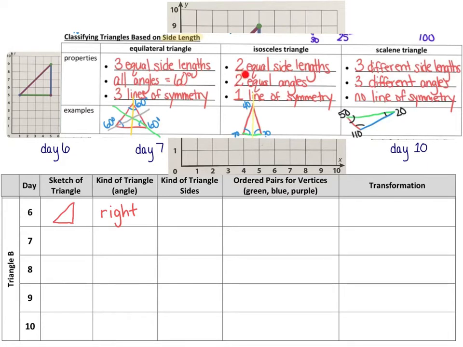Do 2 sides have equal length? These we can see the units here, 1, 2, 3, 4. And here we can see 1, 2, 3, 4. But here it's more than 4.